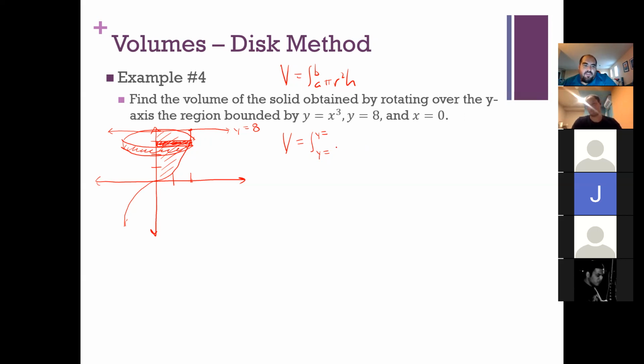So what does it make sense for our limits of integration to be? What are our lower and upper bounds going to be for y? Zero and 8. Going to be 0 and 8.